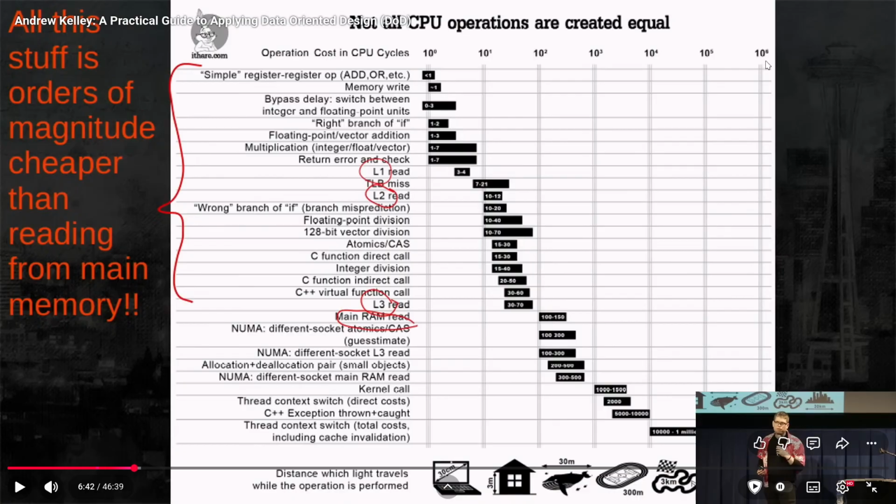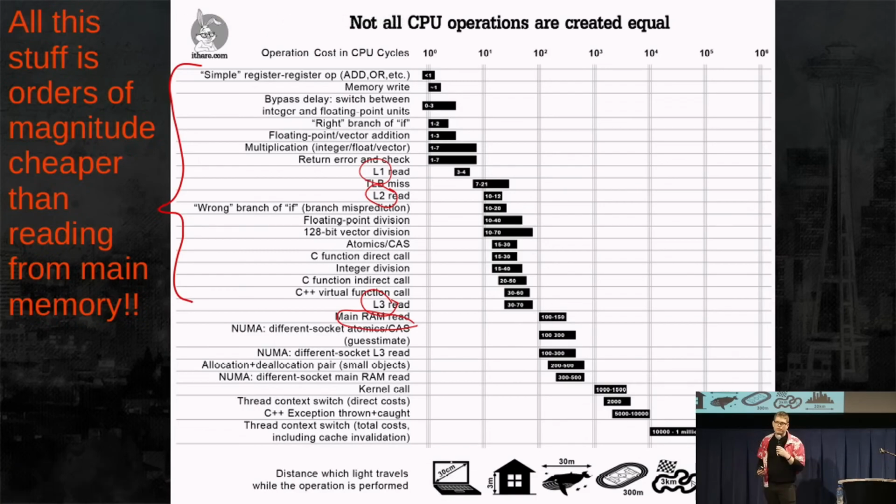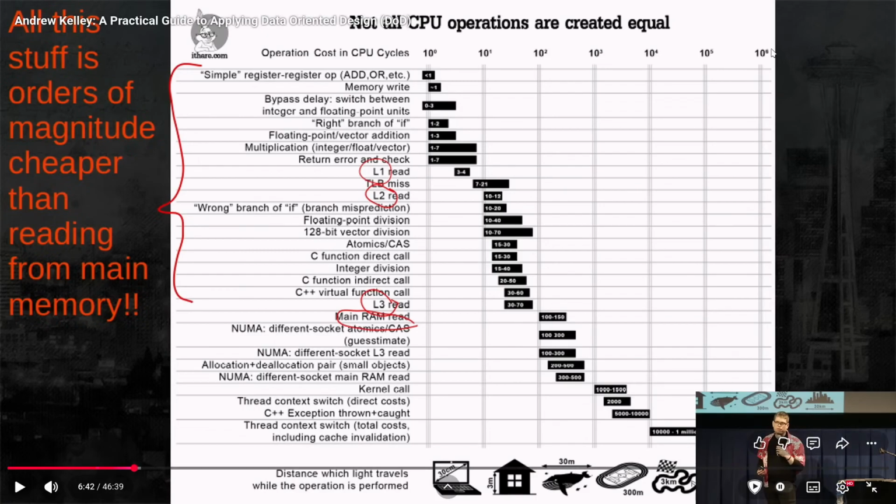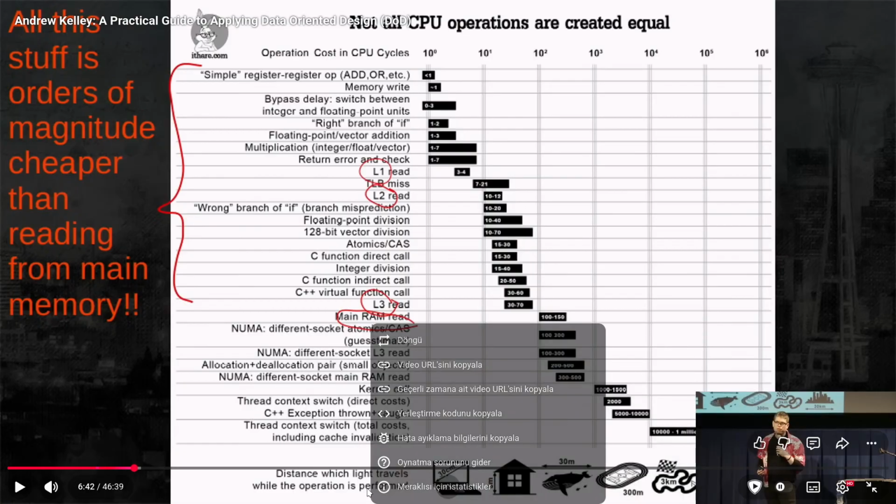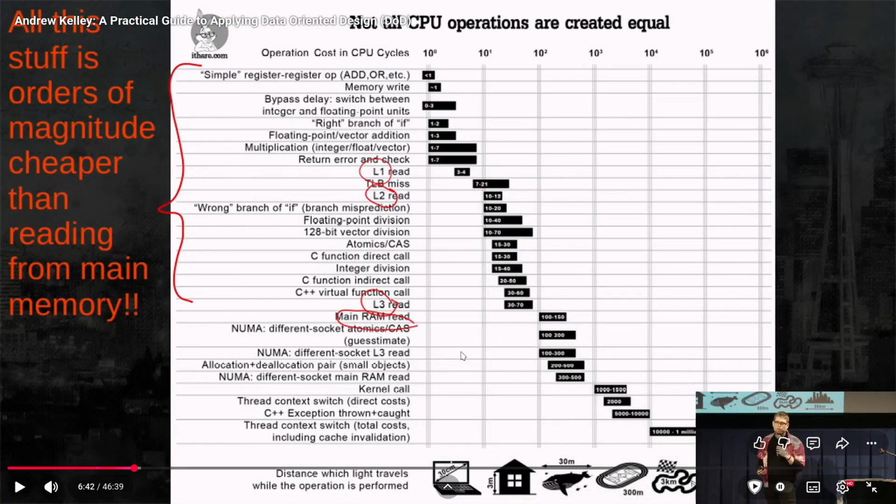And remember, our budget is 8 milliseconds, 8 to 60 milliseconds, and we have 192 million cycles to work with here. So the most expensive thing on this list, thread context switch, takes 10,000 to 1 million cycles. That means you can at most afford about 192 thread context switches, in the worst case scenario.